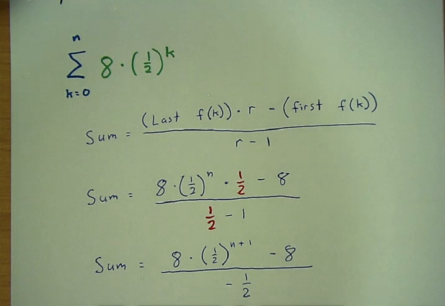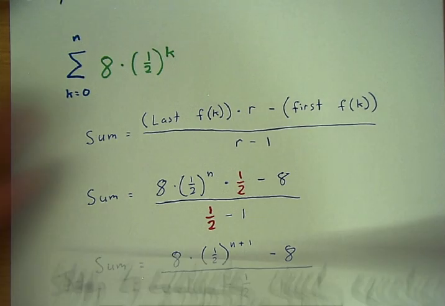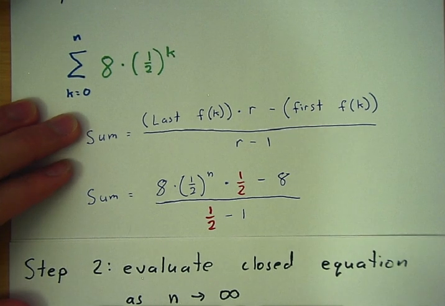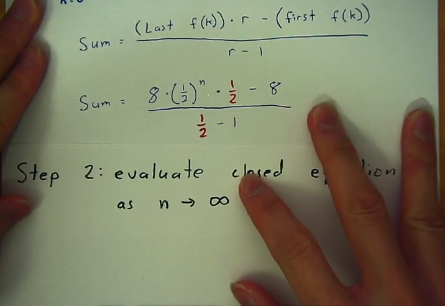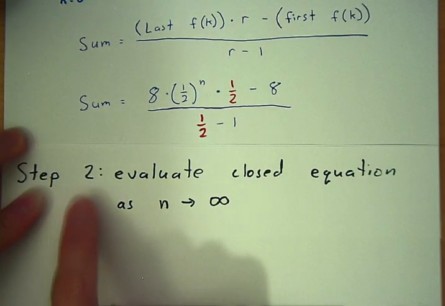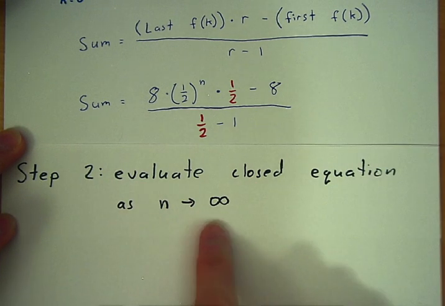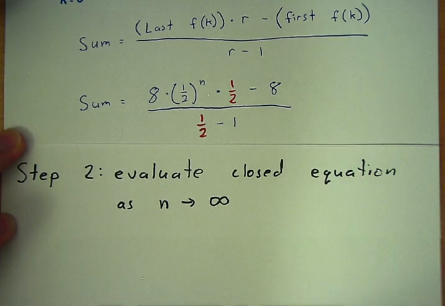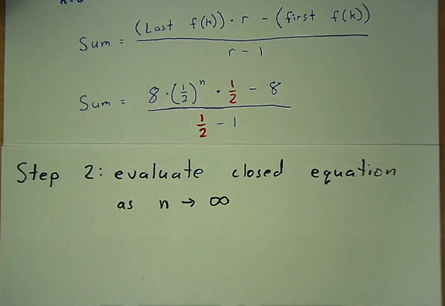Okay, next part. Step 2, now that you have your closed equation, I'm actually going to use the non-cleaned up version in case people decide to do it that way. We're going to evaluate the closed equation as n approaches infinity. So let's go.